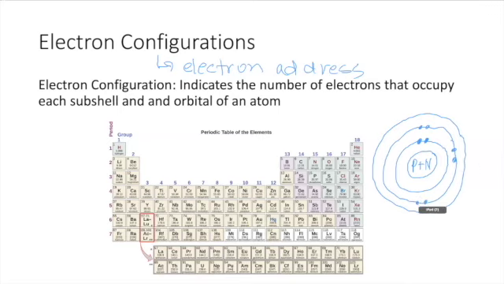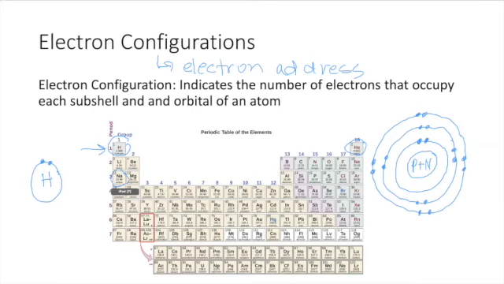So different atoms, different elements have a different amount of subshells, depending on what they are. So for instance, hydrogen and helium can only take on a max of 2 electrons. That's because they only have one subshell.